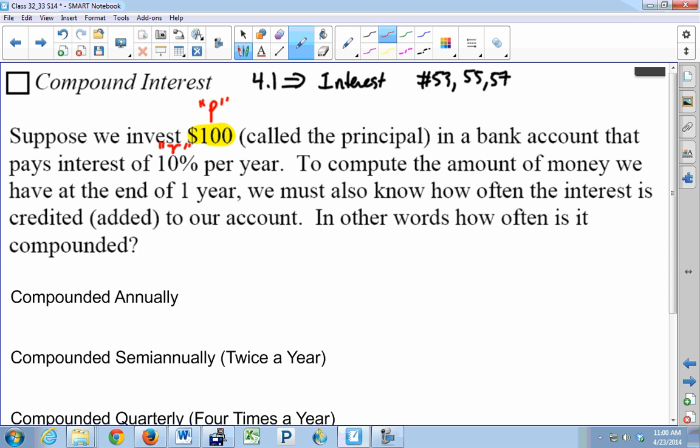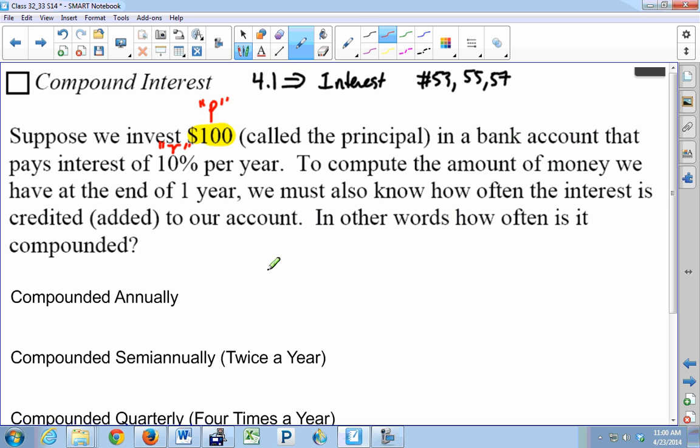Okay, so if we're just looking at 1 year now, how much money would we earn at the end of 1 year if I put $100 in for 1 year at this rate? Well, a lot will depend on how many times the bank compounds it.